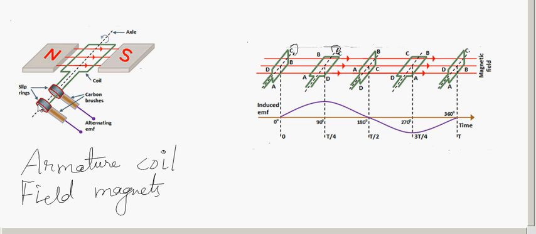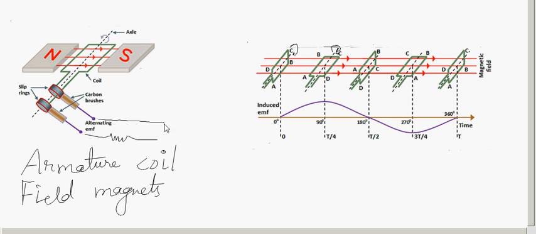Now what are the uses of these slip rings and carbon brushes? When the coil is rotated in the magnetic field, an EMF gets induced in the coil. So if this coil is connected to an external circuit, a current starts flowing through the circuit. This is alternating EMF, so it can be connected to an external circuit.